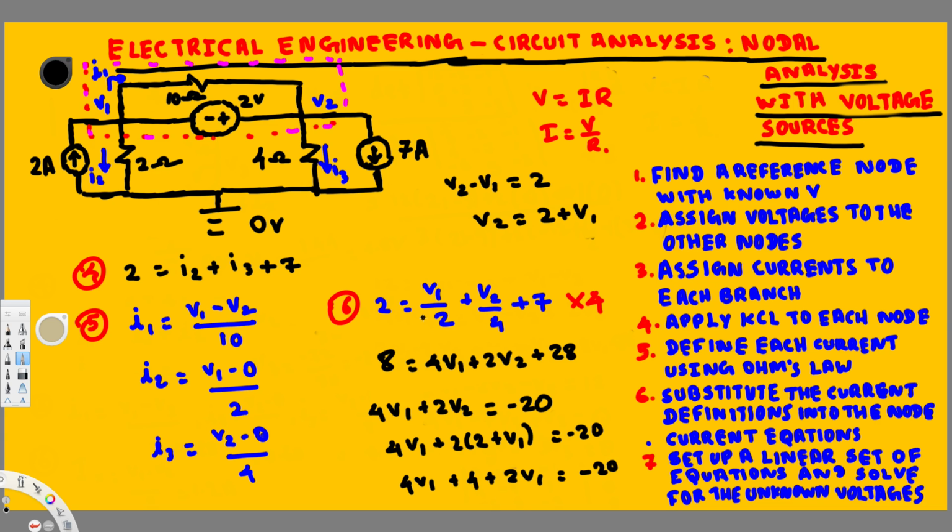So first we had 2 is equal to v1 over 2 plus v2 over 4 plus 7, right? And if we multiply this by 4, that's going to give us 8 right here, and this is going to be, okay, this one should be 2v1, and this is going to be just v2, right? v2 and 7 times 4, 28.